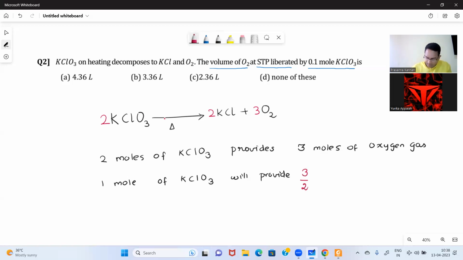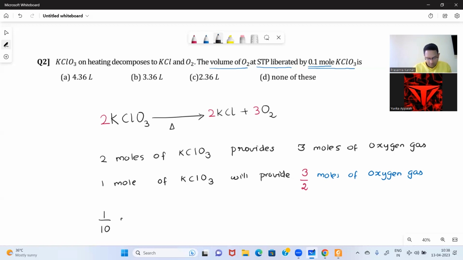So 1 mole of KClO3 will provide 3 by 2 moles of oxygen gas. Clear, Yuvika? Yes, sir. But we don't want 1 mole. How much do we want? 0.1. 0.1 is what, Yuvika? Can I write it as 1 by 10?